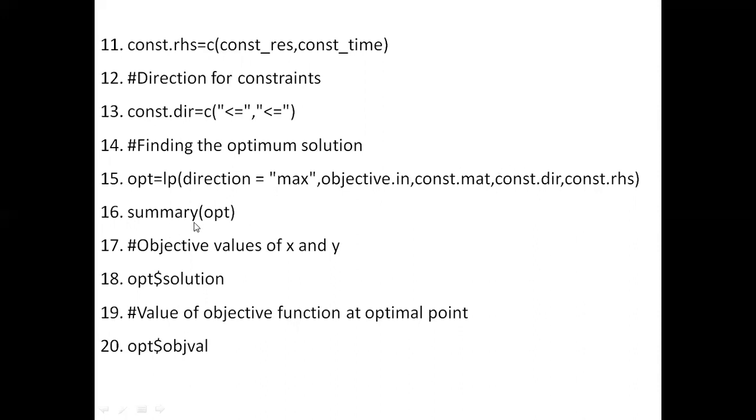And hence the summary. Due to the simplification process, how the simplification has been done, and from the input library of linear programming, what different techniques were utilized, what the major objective values of x and y are, and whether the optimal solution has been obtained or not, the value of the objective function at the optimal point, where the maximum point is, and what the objective value is.